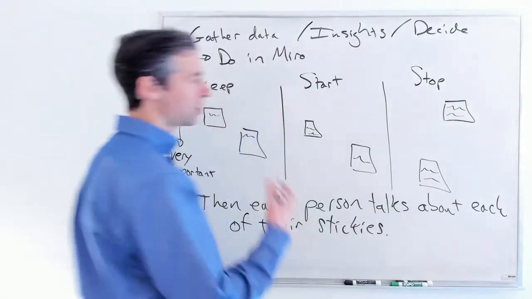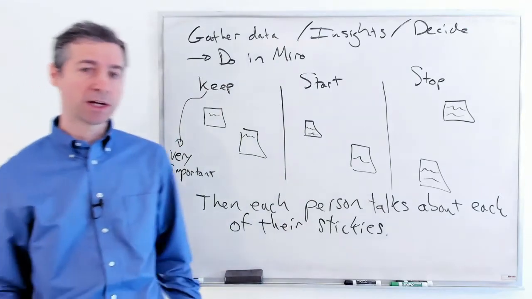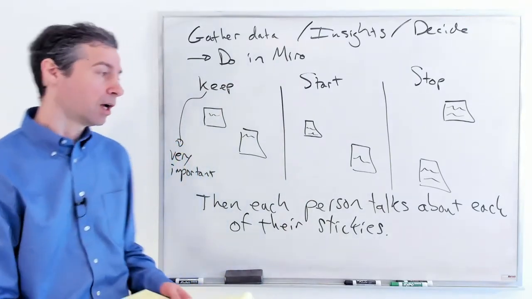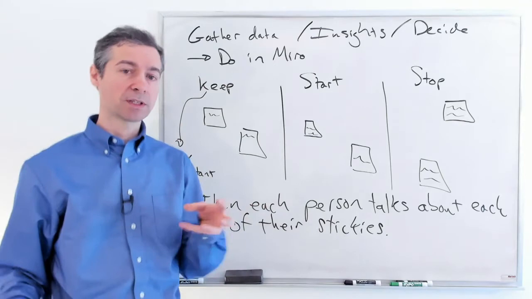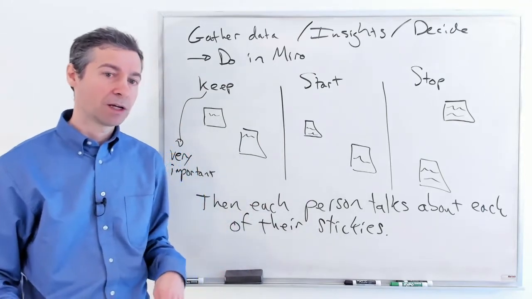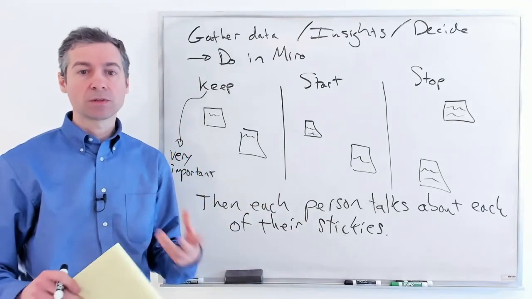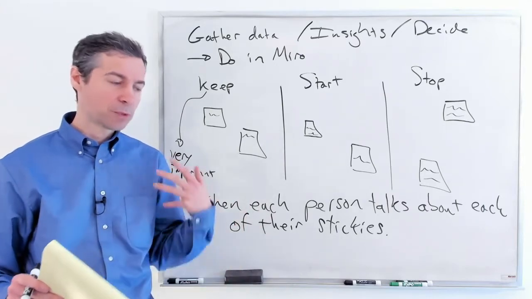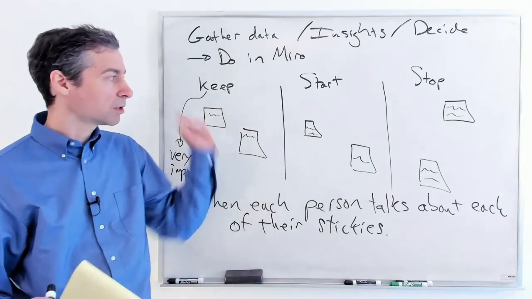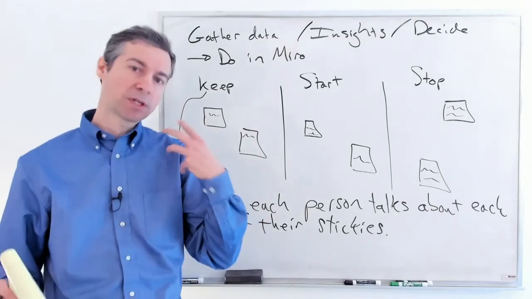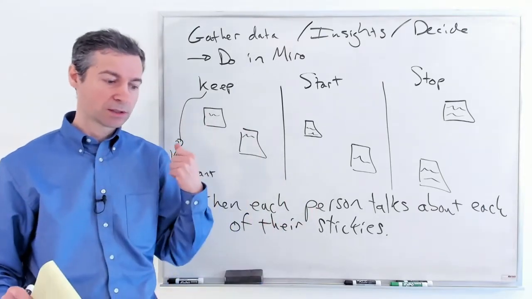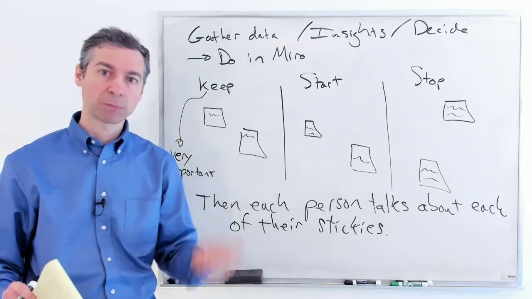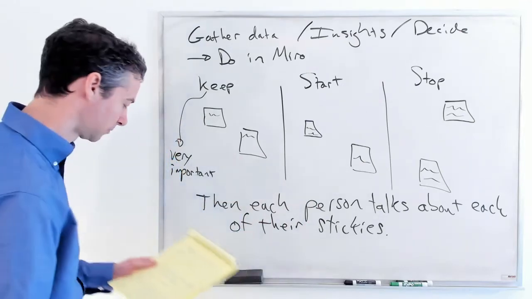Okay? So maybe someone wrote a long sticky and they just read it out loud and that's enough. Maybe they wrote a short one and they need to explain it better to people. There might be a little bit of conversation about it, but people need to go through each of their stickies so that people can hear it in their voice and get the personal explanation for things.